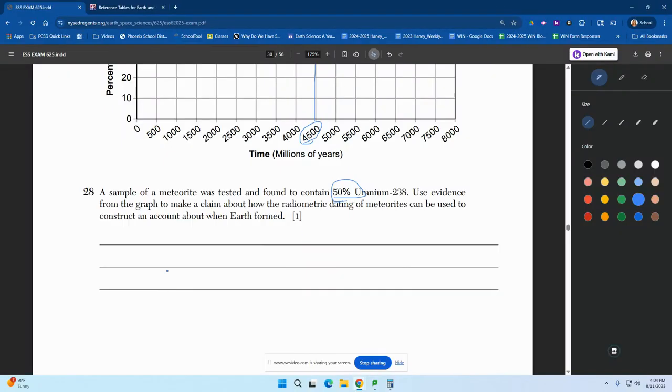So we might say something like: 50% uranium-238 would make the meteorite 4,500 million years old.